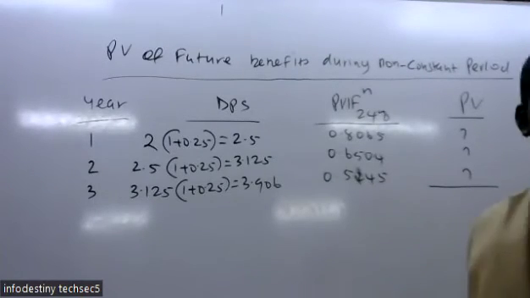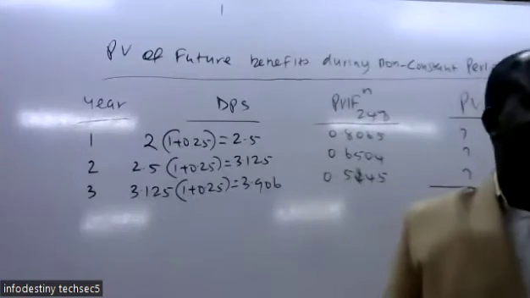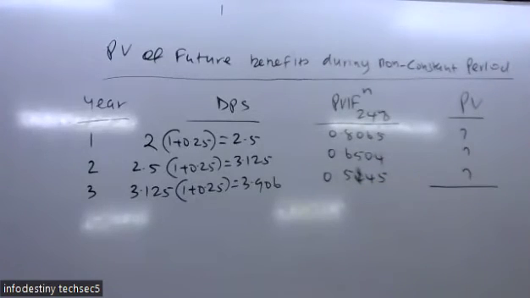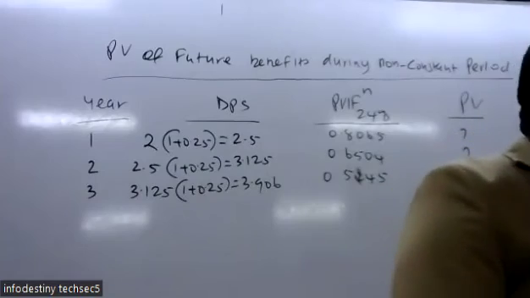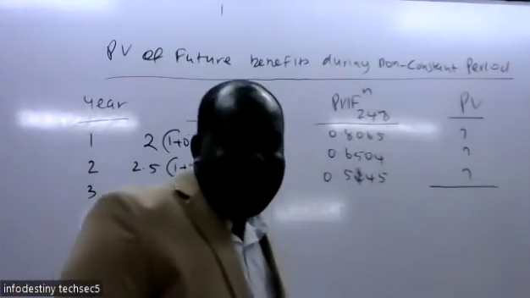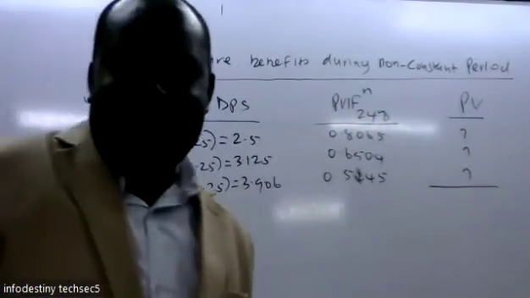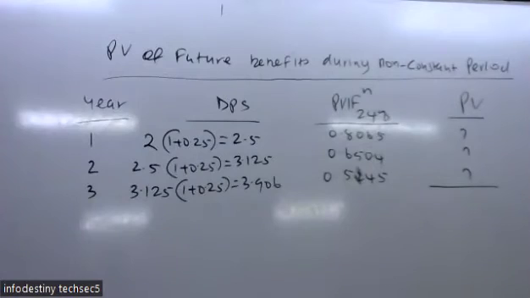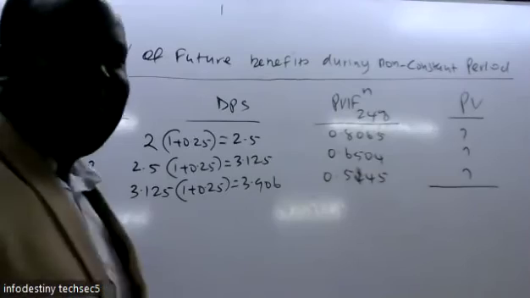Are those the figures from the table? We are using the first table. Online, are you able to see those figures from the present value tables?